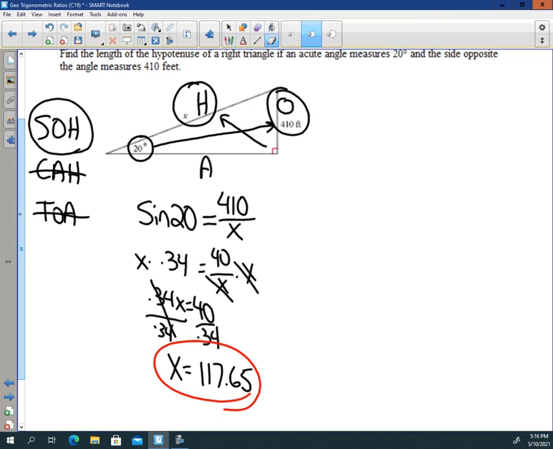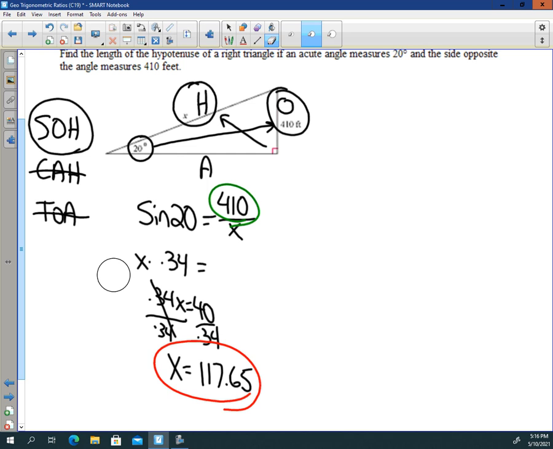Because the hypotenuse is the longest side. Do you see how this says 410 and this says 40? Let's go back to this step right here. Diggity darn it. We were good up till then.